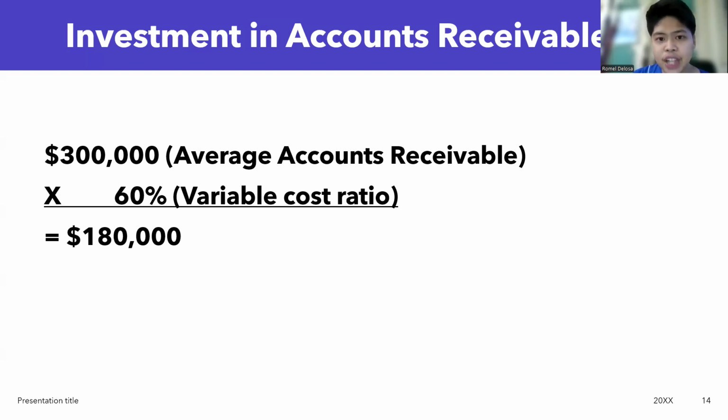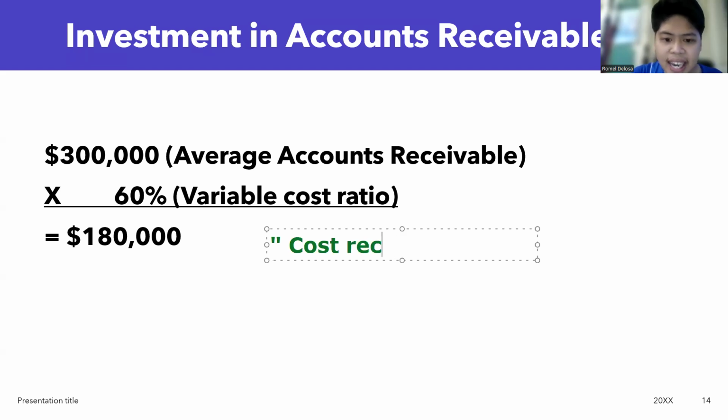That is average accounts receivable times the variable cost ratio. So ang goal kasi natin dito is cost recovery. 'Di ba? Parang ang point, at the very least man lang, yung cost na ginastos mo sa inventory, mabawi mo. Or yung variable cost mo, mabawi mo man lang sana.